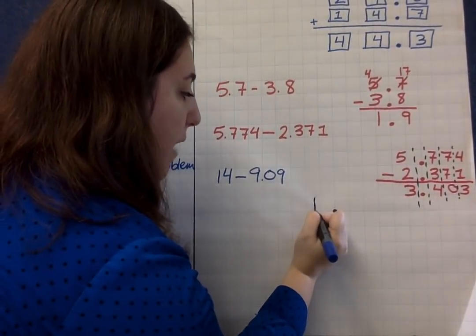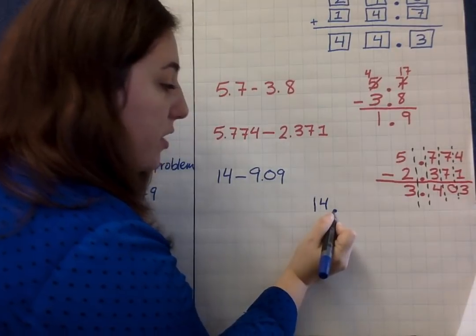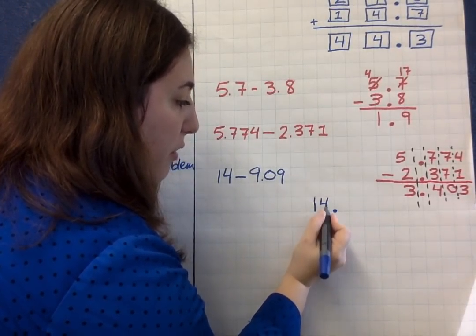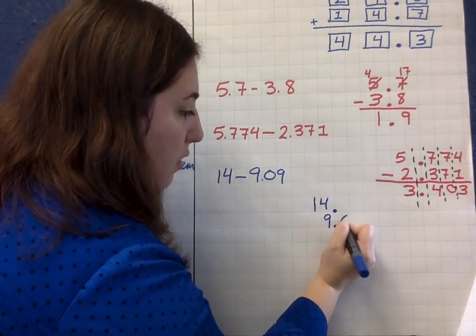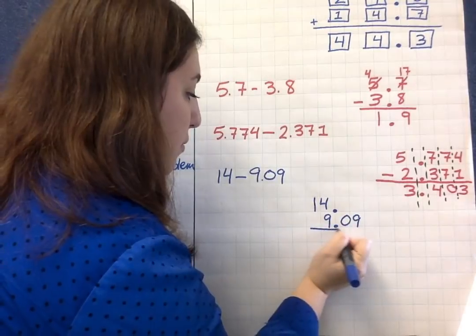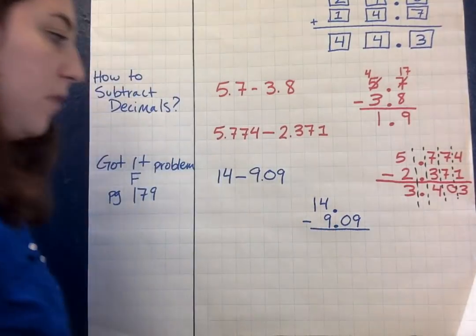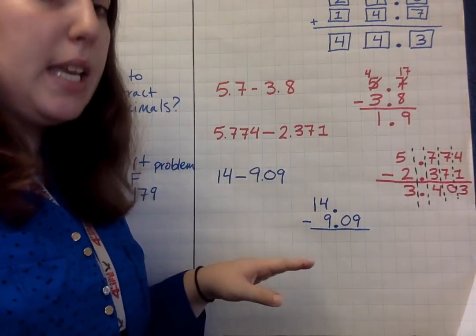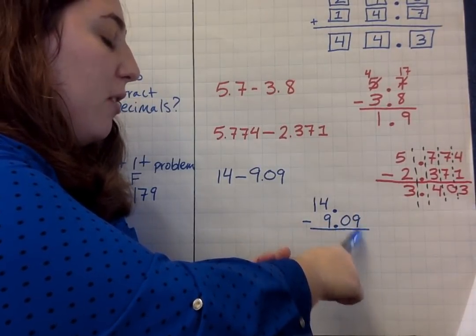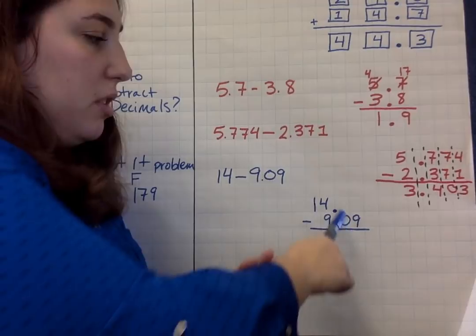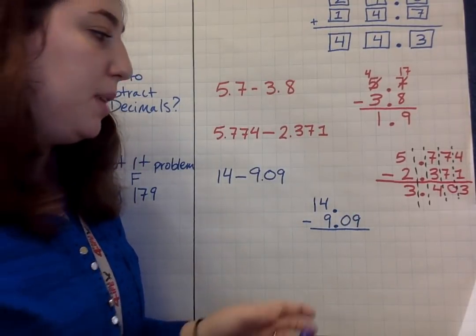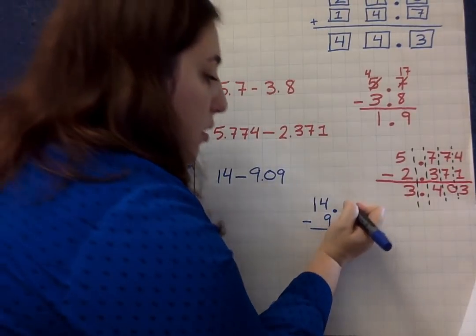All right, so I have the 14 in front of my decimal, and the 9 goes right here, below the 4, okay? Okay, so if I just subtract this, if I subtracted like this, I might get confused, and I might say, well, I just need to drop down the 9 and just drop down the 0 because there's nothing up here. But actually, we have to put zeros there because you can't just drop these down.